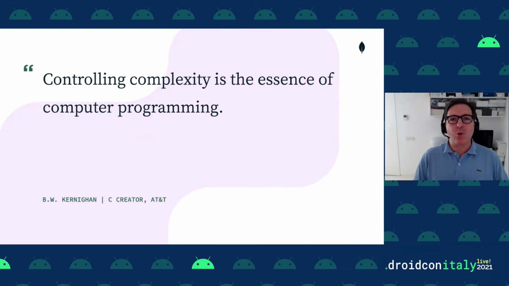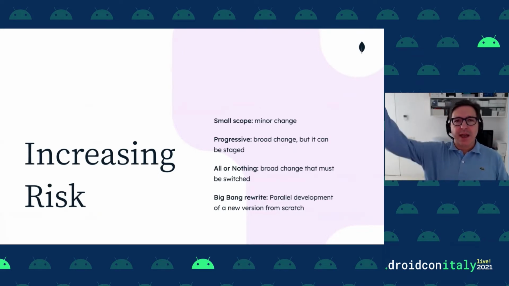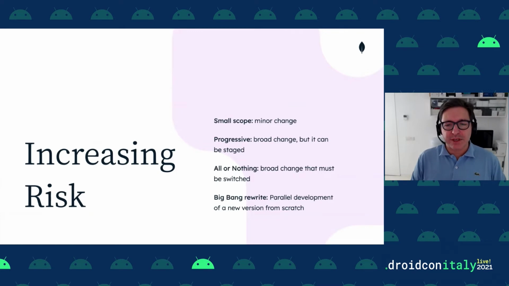But at the same time, we want to control complexity. We want to maintain the complexity under control so it doesn't become an issue to us. So one thing that we should take into account when doing this complexity control is how these changes can have different kinds of risks.